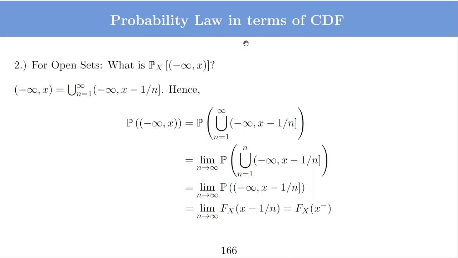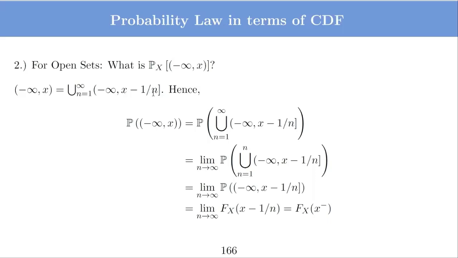So remember, we have dealt with this in the past, and the way we do it is we represent this set in the form of a countable union or intersection of semi-open sets, because we know the probability law on all sets of the semi-closed format, which are closed on the right side and open on the left side.